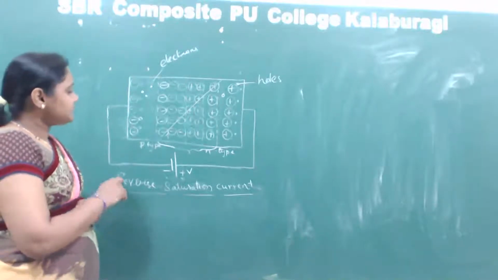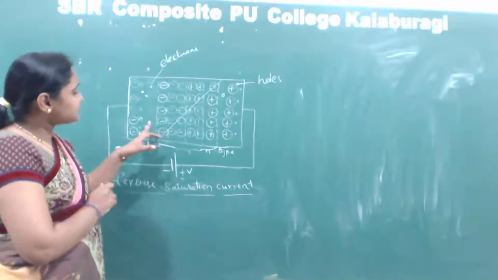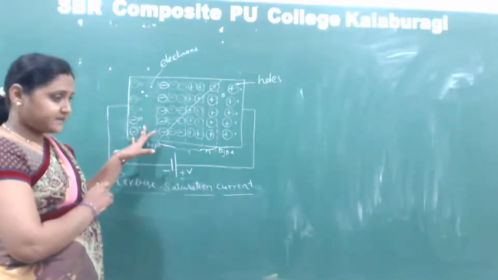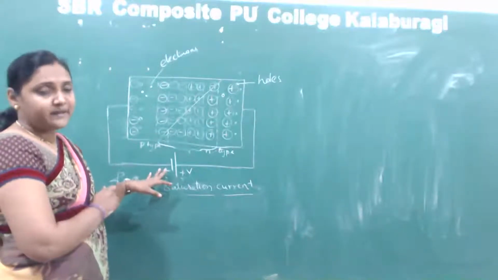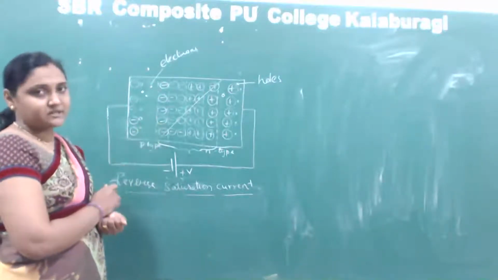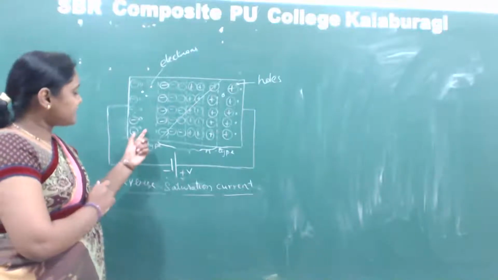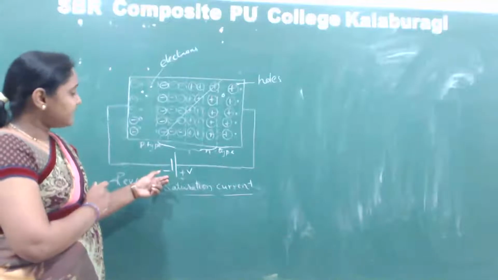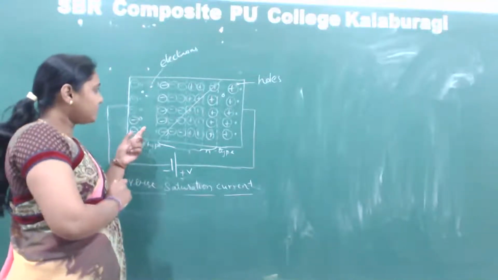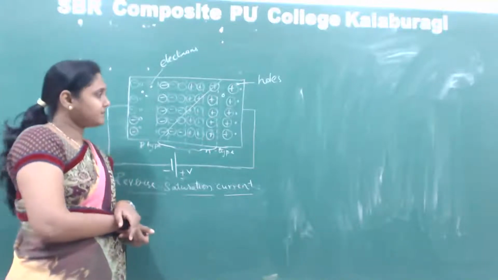So this battery is acting as a reverse bias to the majority charge carriers, but at the same time it is acting as a forward bias to the minority charge carriers, isn't it?